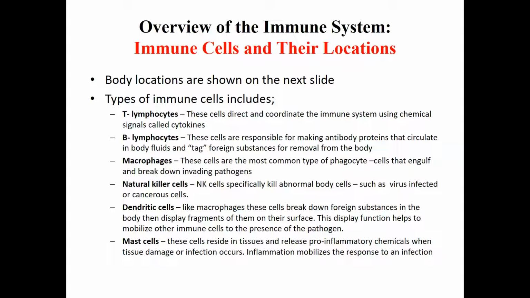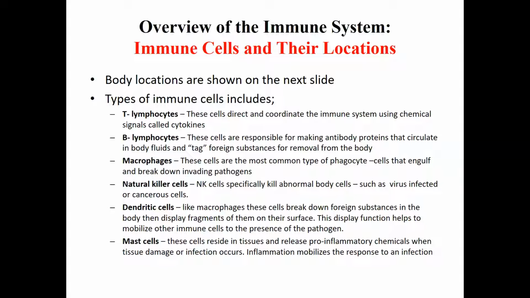Another cell type are the dendritic cells. The dendritic cells are mostly in places where immune surveillance is going on, and they're sort of mixed with B and T cells. These are also phagocytic cells, but their function is to phagocytize materials and then take bits of what they broke down, let's say a bacterium, and present it to other immune cells, and that's going to trigger those immune cells to mount an immune defense.